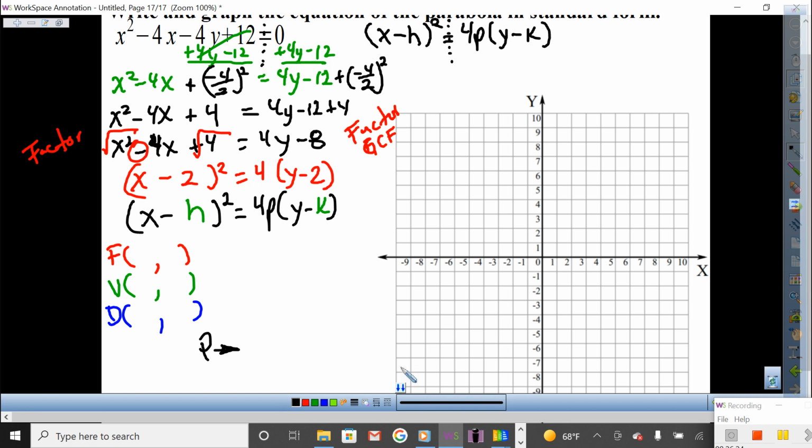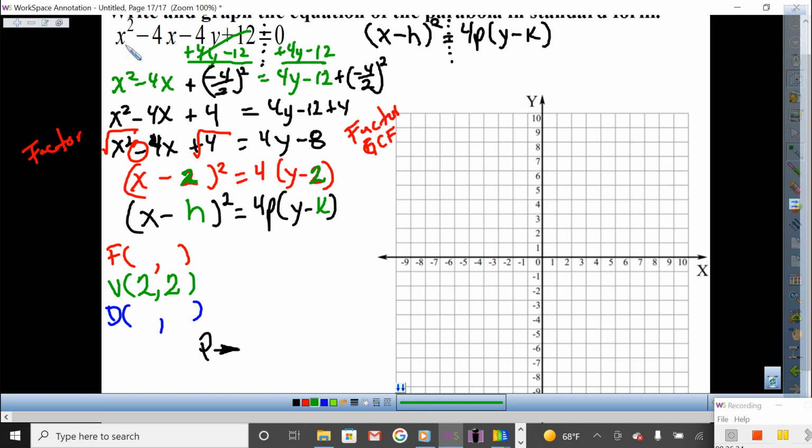Okay, so by looking at the equation we came up with, what is our vertex? Everyone. 2, 2, that is correct. If you don't see it, here it is. h is 2 and k is 2. There it is.